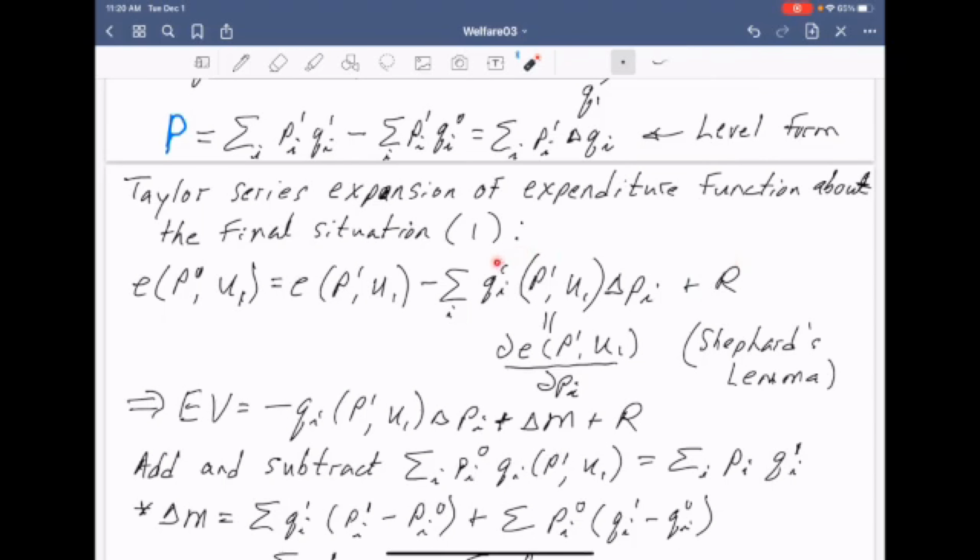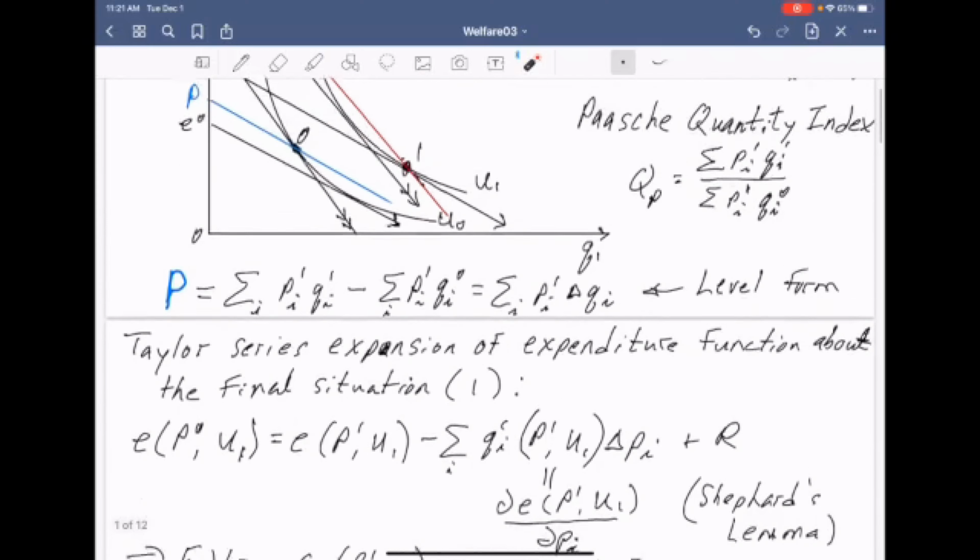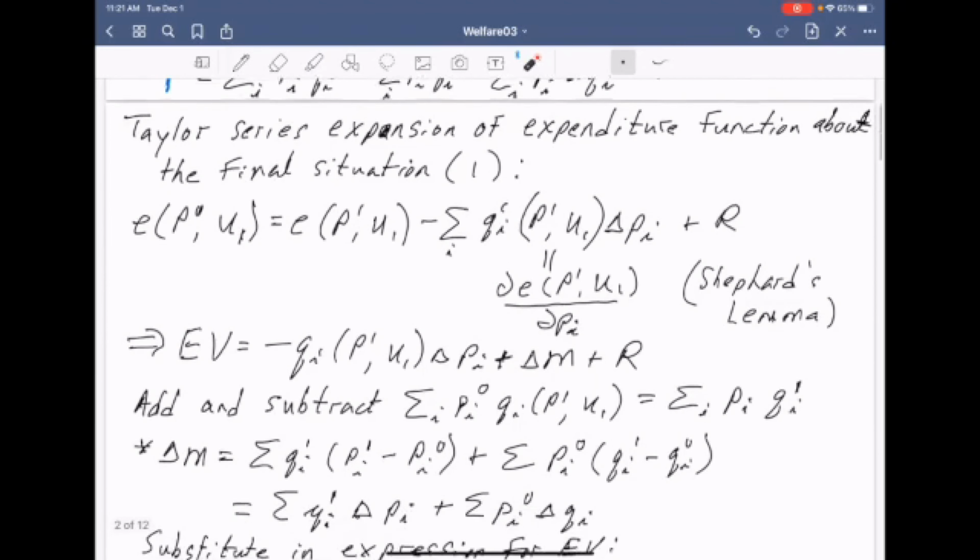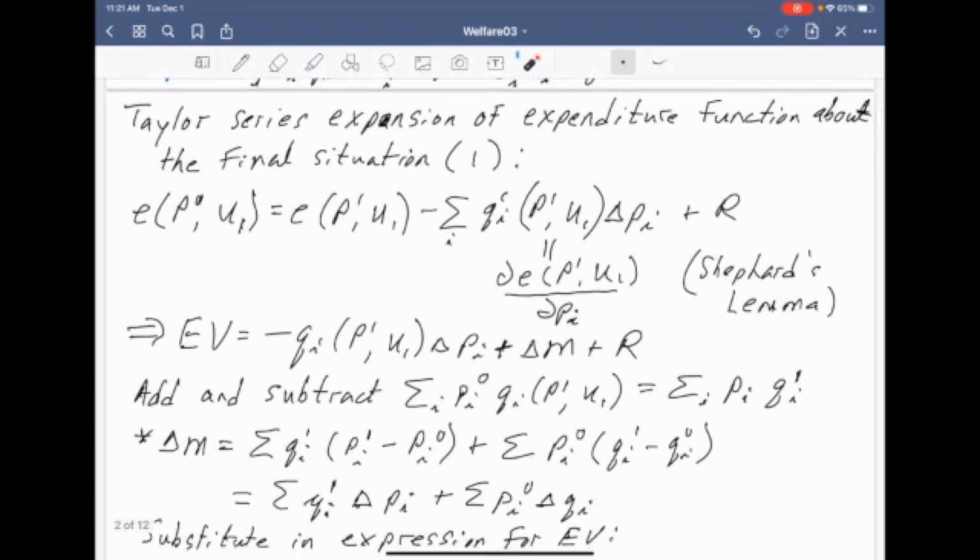Now, this compensated demand function is derived from Shephard's lemma, which says that the partial of the expenditure function e(P1, U1) with respect to P_i is given by q_i^c. But now it's very important to recognize that we showed that in the earlier video, and we'll show it again below, at the point where the ordinary and compensated demand functions intersect, this q_i^c and q_i, the ordinary demand function, are pretty well substitutable at that particular point.